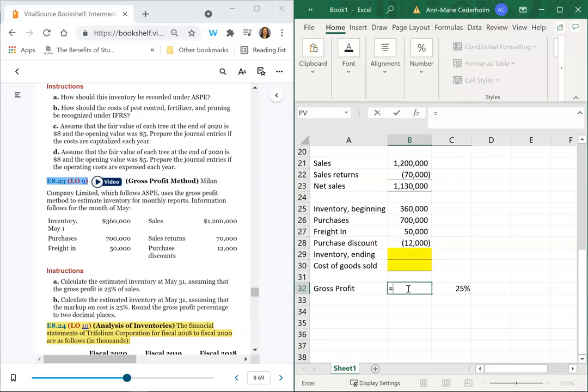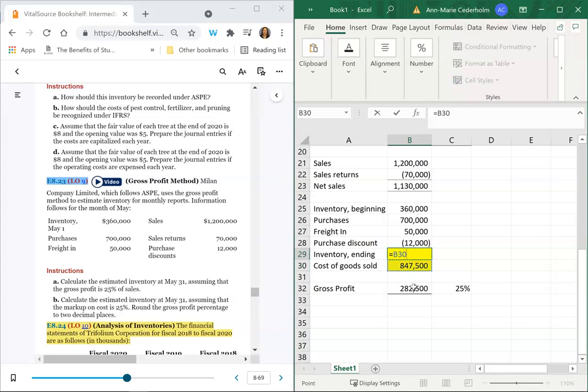So if I take 25% times my net sales, that gives me my gross profit of $282,500. Now if I take my net sales minus my gross profit, that is going to give me my cost of goods sold. And now we can work out what my ending inventory is.